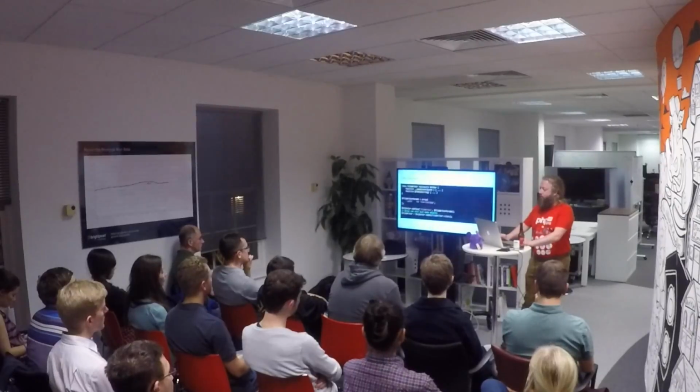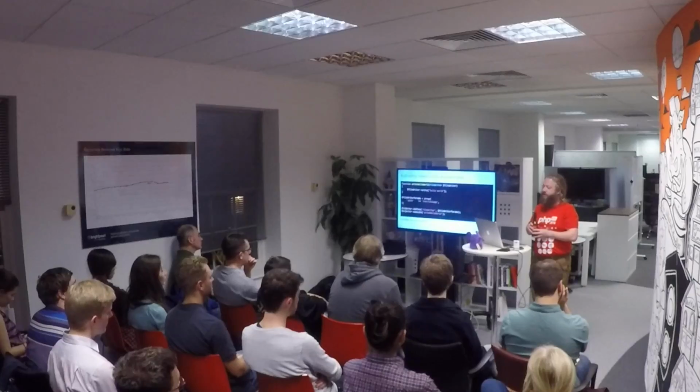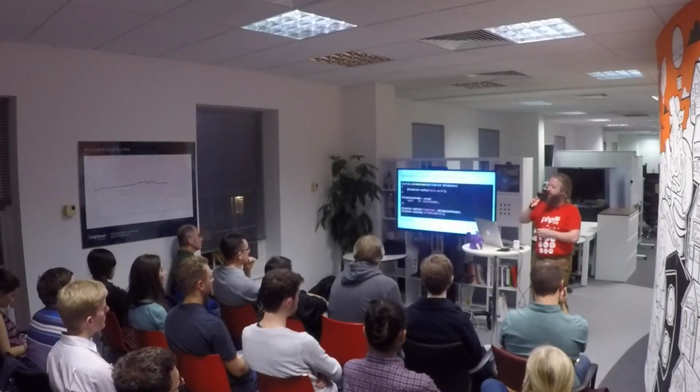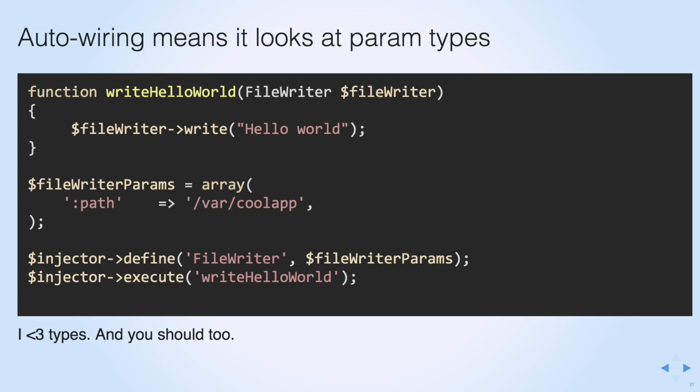The auto-wiring bit of the description of Auron basically just means that instead of having to configure everything by hand, Auron looks at the parameter types when trying to create objects or execute code. So in this example, we've got a function called write hello world that takes a file writer object as a single parameter.